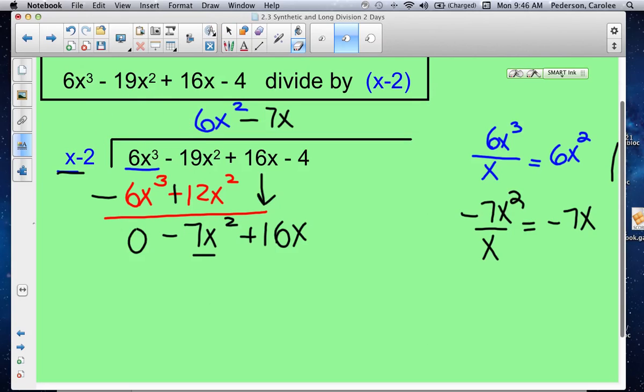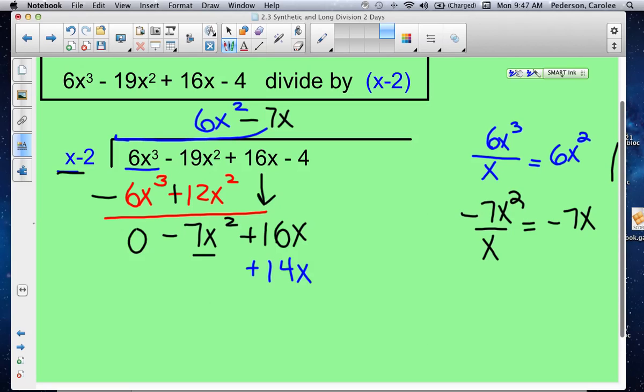Now I'm going to take that negative 7x and multiply it to the two blue terms. So negative 7x times negative 2 is positive 14x.